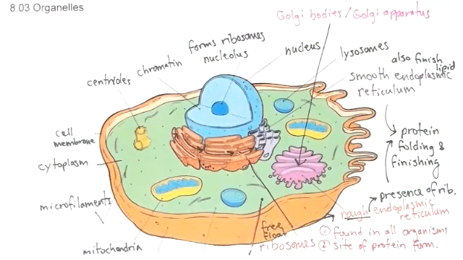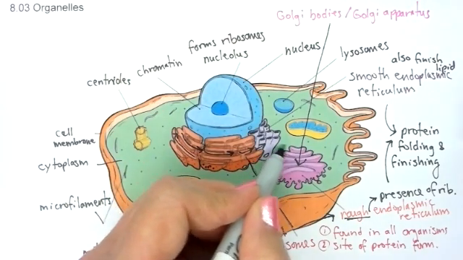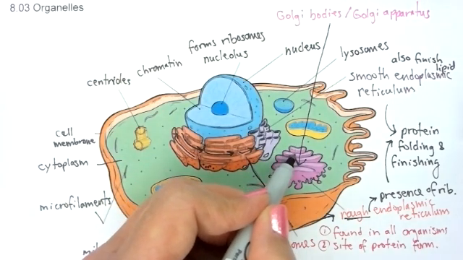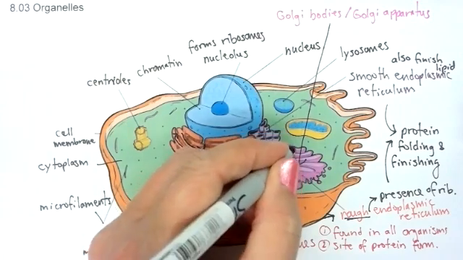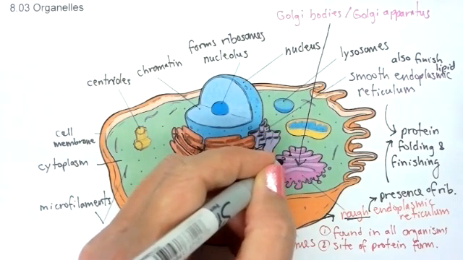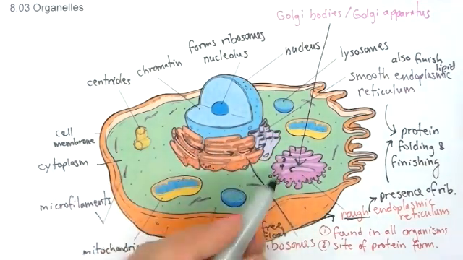And the job of these is to package and ship the proteins out of the cell. So they come off the smooth endoplasmic reticulum and they go into a vesicle, and they go into these stacks of vesicles. So you've got layer 1, layer 2, layer 3, layer 4, layer 5.